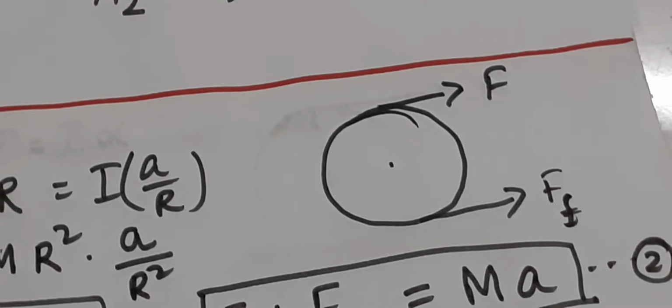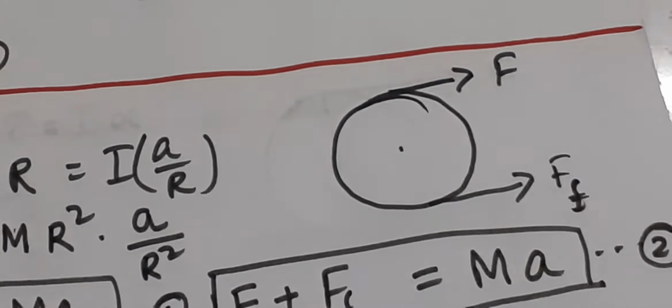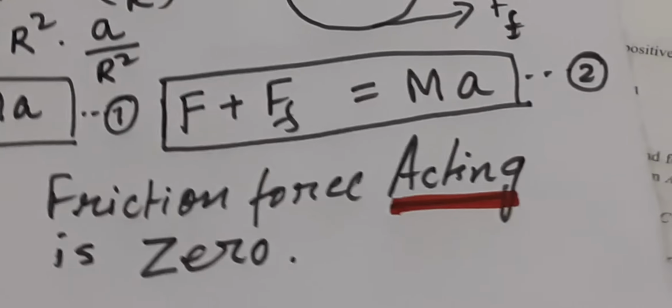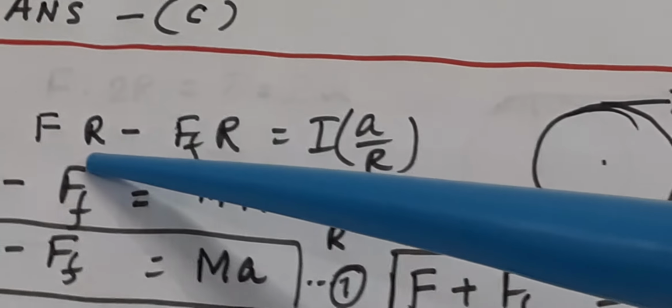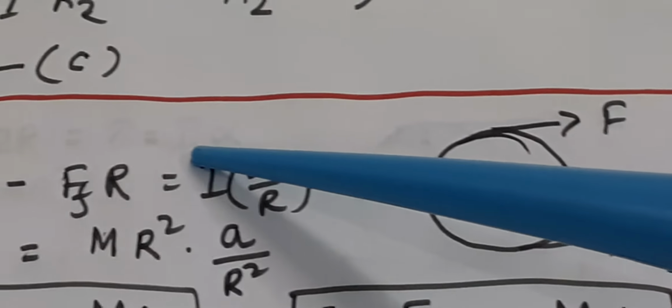And according to the question, force applied at the topmost position of the ring is F. Now as the ring moves towards the right side, we can take torque, the net torque experienced on this ring, and that will be F into R. I mean torque here R cross F.